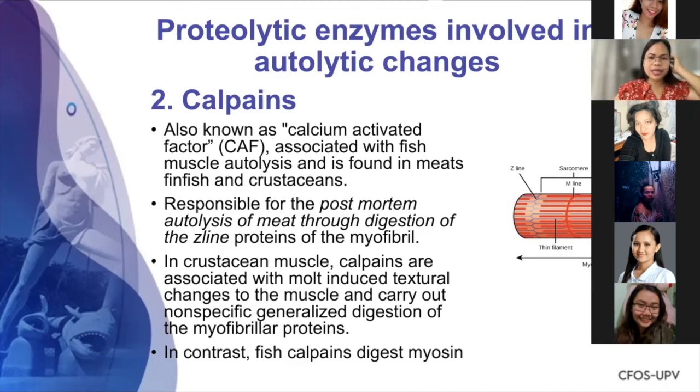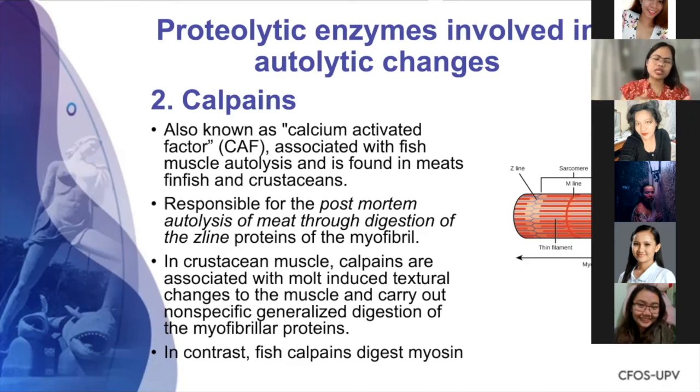It also happens in the crabs, no? Nagshe-shed din ng shell yung mga crabs. So, pag may binibili kayong shrimp na soft, meaning kaka-molt lang. Ano ngayon yung nagko-cause nung hardening nung shell? After nilang mag-shed nung shell nila, soft shell sila, parang skin lang nila yung meron.